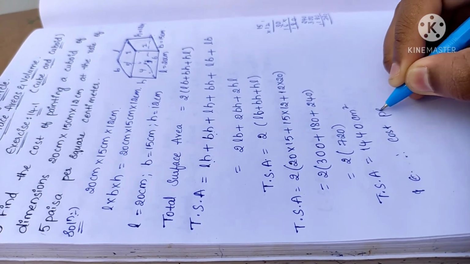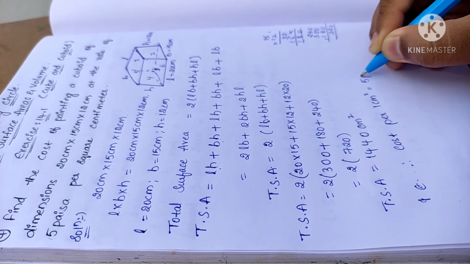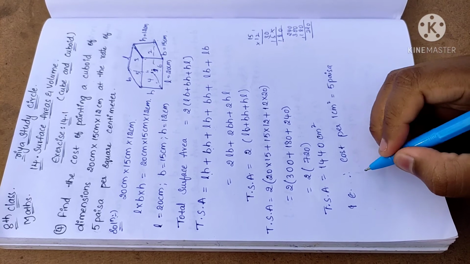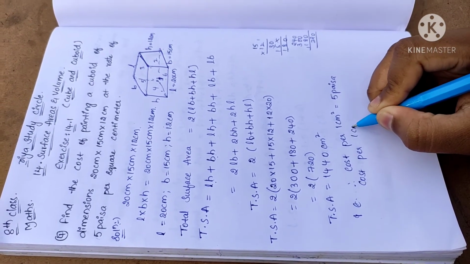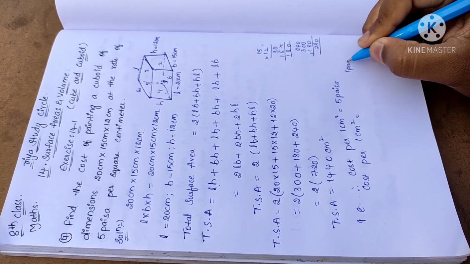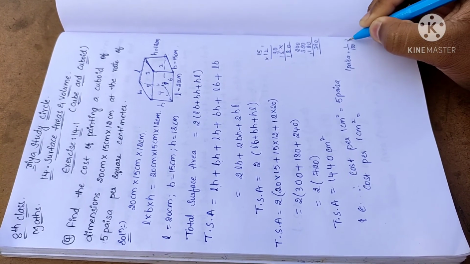The cost of painting per 1 centimeter square is 5 paisa. Here they gave the cost in paisa, so we have to convert paisa into rupees. Cost per 1 centimeter square: 1 paisa equals 1 by 100 rupees.